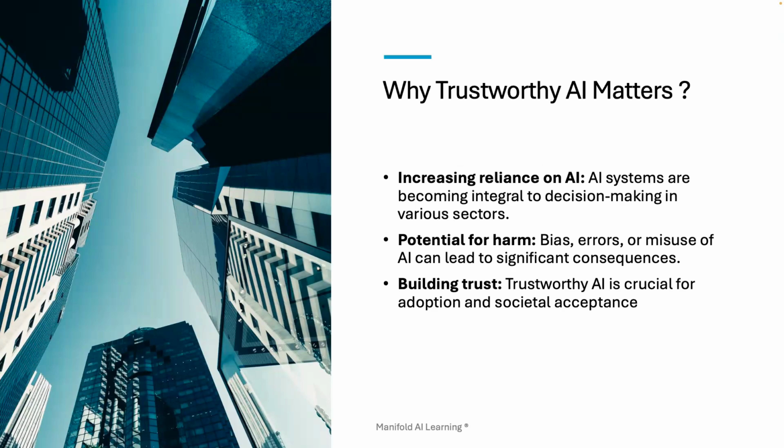Whether it is Apple or any other devices, they provide built-in access to generative AI itself. That means when these systems become so powerful, they become an integral component when it comes to decision making in various sectors.